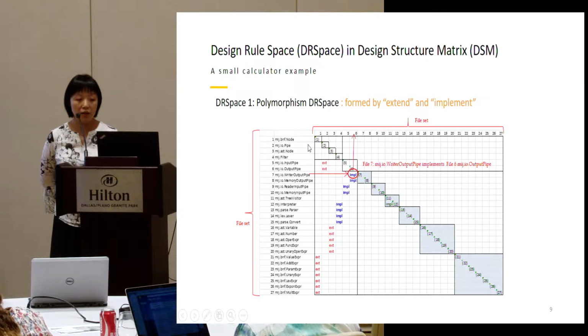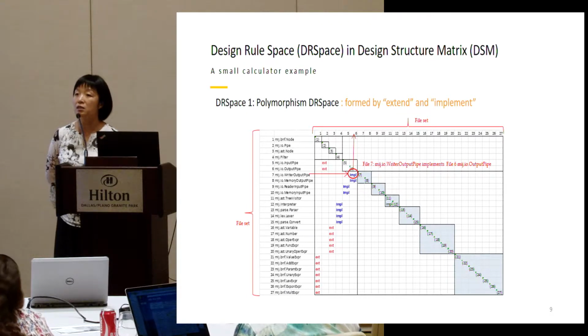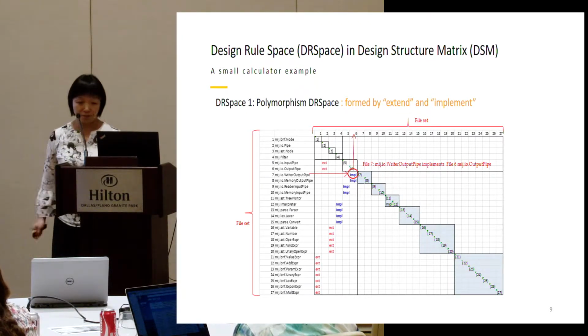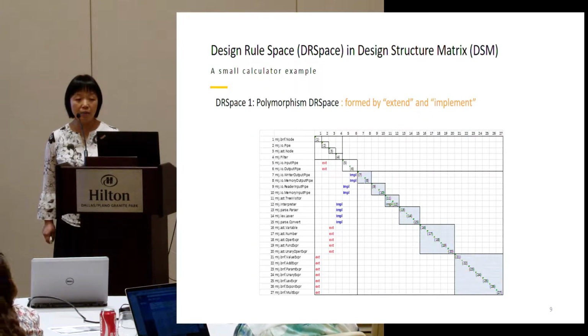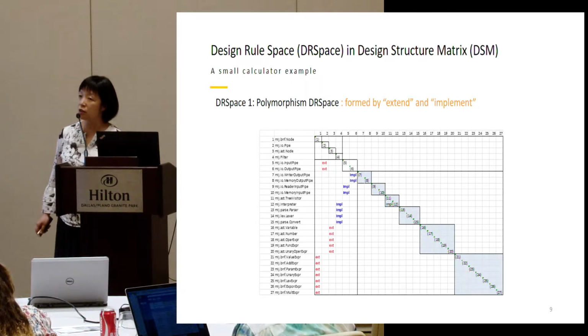Okay. Similarly, this one is saying that file 7 implements file 6, which means file 6 is an interface, right? And you may already notice that in this DSM I'm showing here, only the polymorphism relations are modeled, right? So in this case, it's the DSM extracted from the source code of a small calculator.